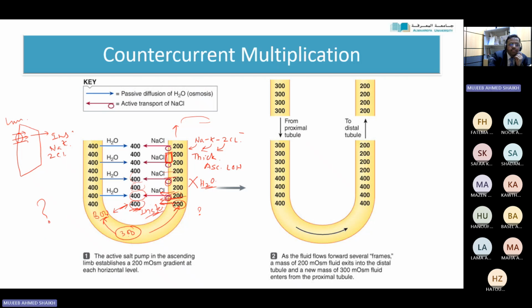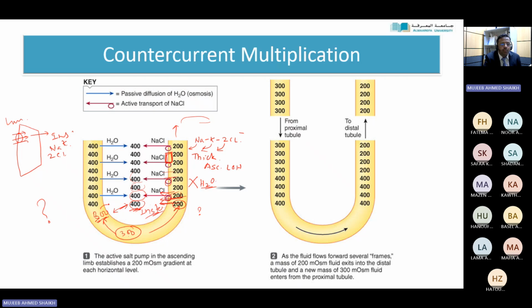If there is a difference of osmolarity, 300 in the tubule and 400 in the interstitium, water will move from the tubule to the interstitium. Opposite, because here it is diluted fluid. I'm asking about water.